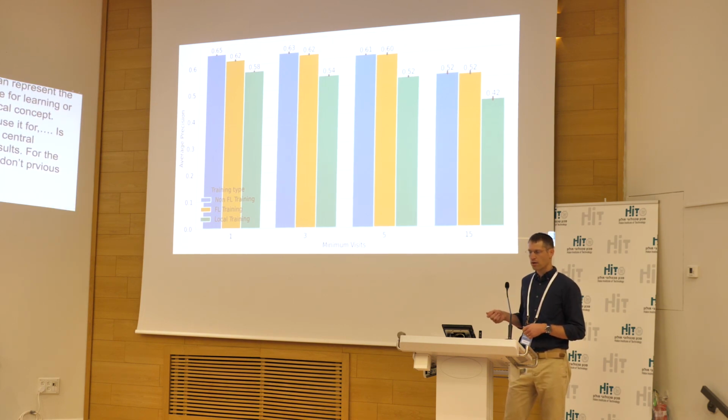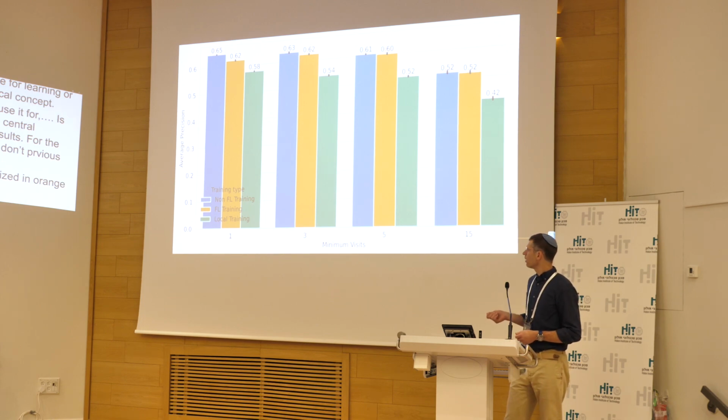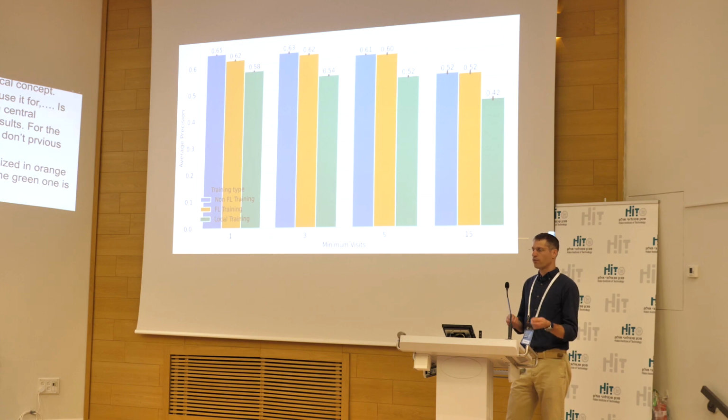Okay, these are the average precision. In orange, you can see the federated learning approach, which achieved almost the same performance as the non-federated or centralized learning. And the green one is the performance when you train a model for every location, for every, let's say, clinic, using its own data and its own model.